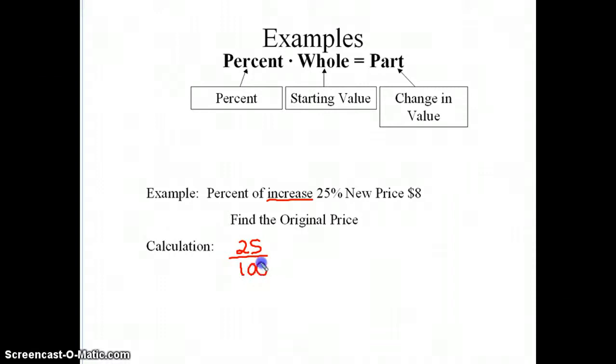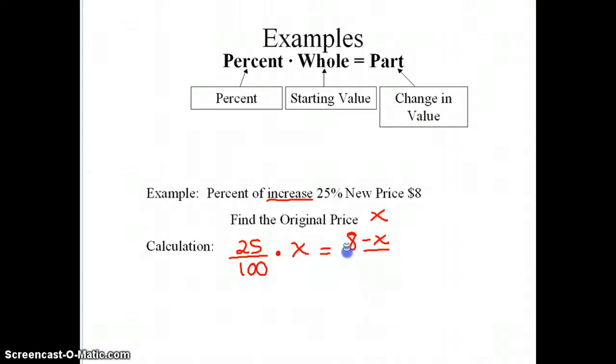over 100 times the original price, I don't know the original price, so I call that X, is equal to the new price, or excuse me, the change in value. Now we have to think about this. The new price has been increased, so that is larger, so I will have 8 minus X divided by X. Just one moment, I got ahead of myself.